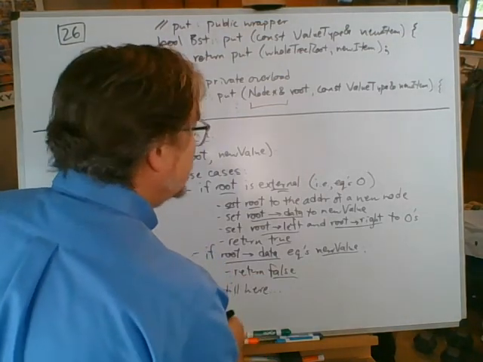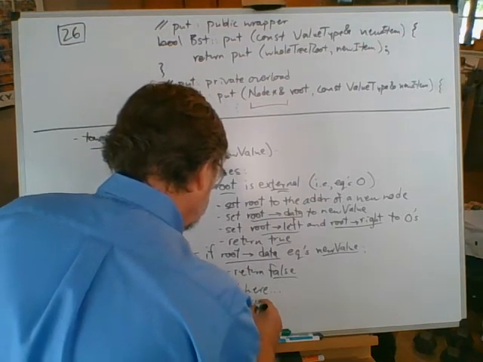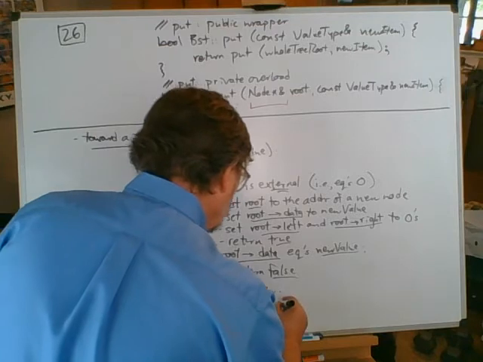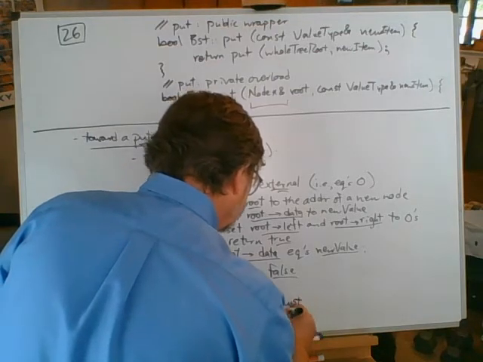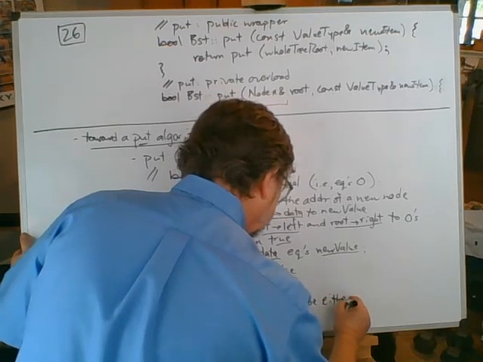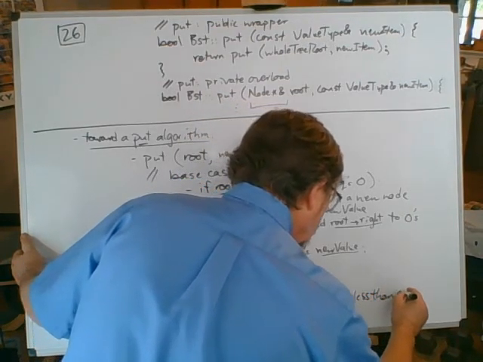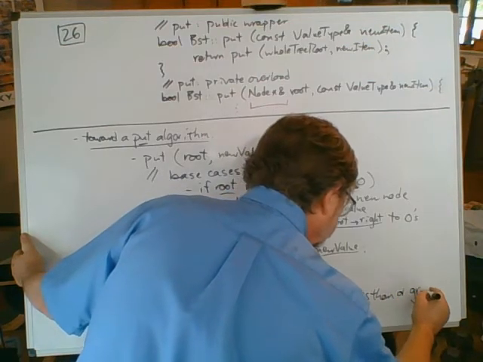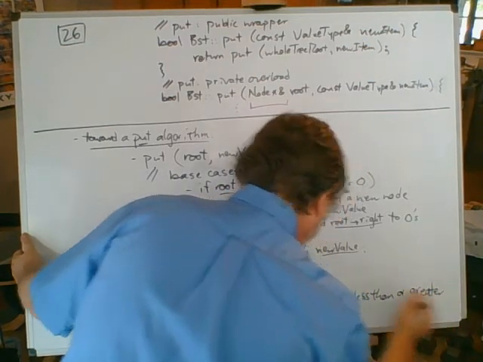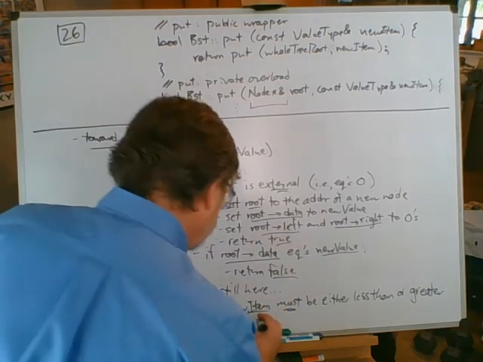Then, how am I going to write that succinctly? New item must be either less than or greater than root arrow data.